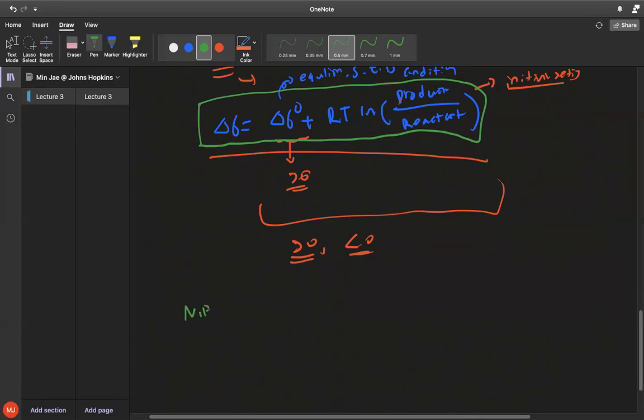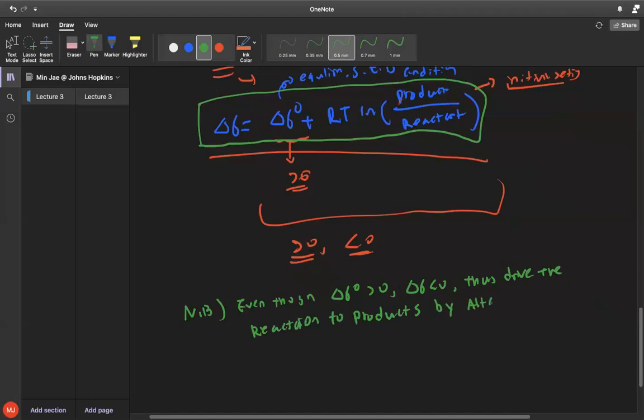Nota bene, even though delta G naught is positive, you can still drive the reaction to products by altering the ratio of product over reactant at the start of the reaction.